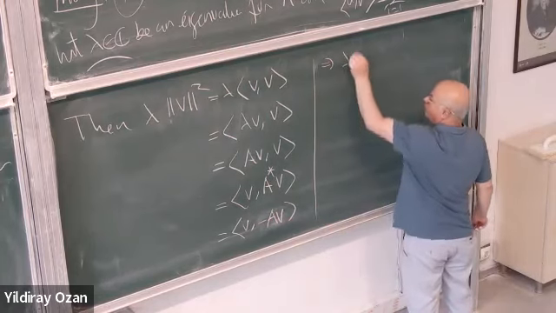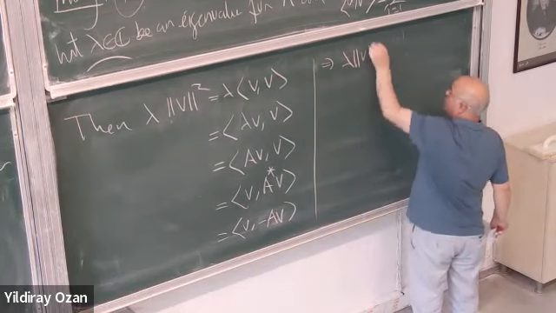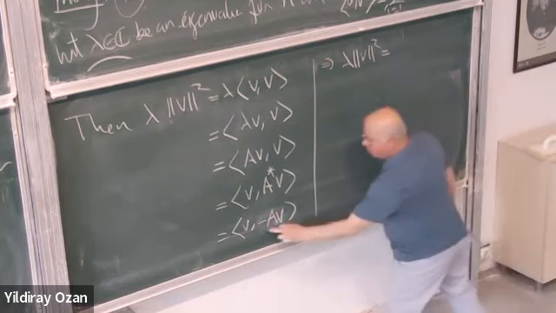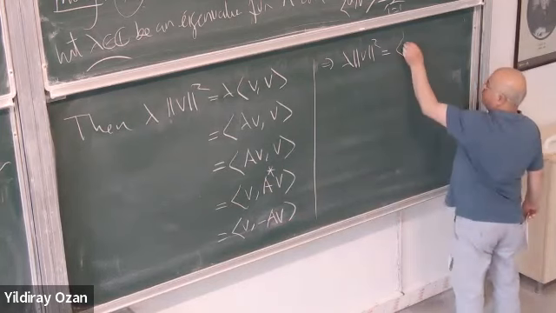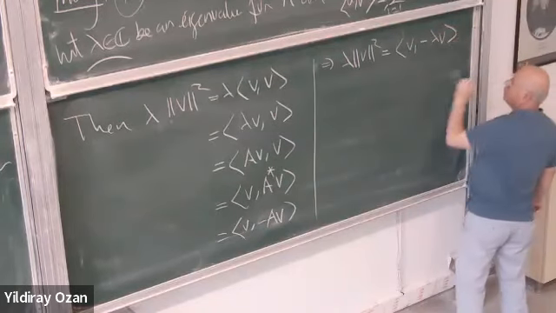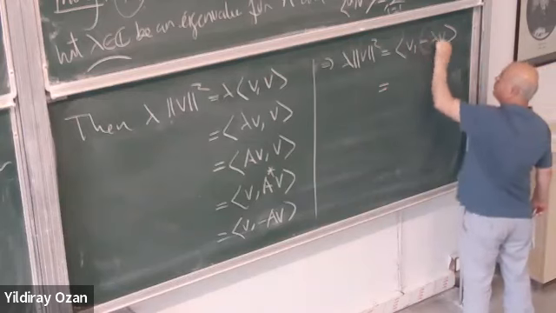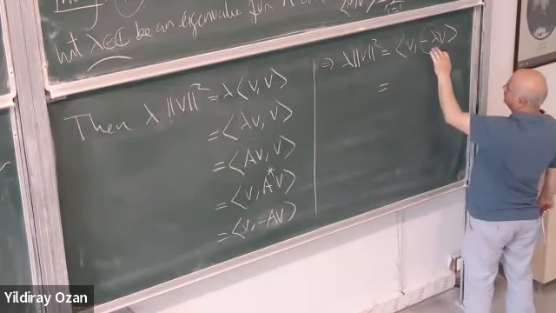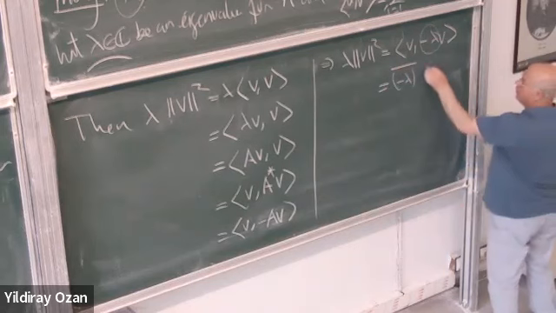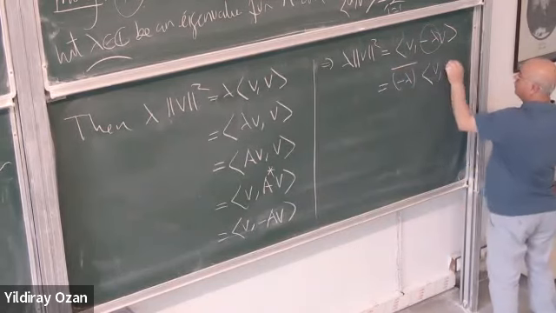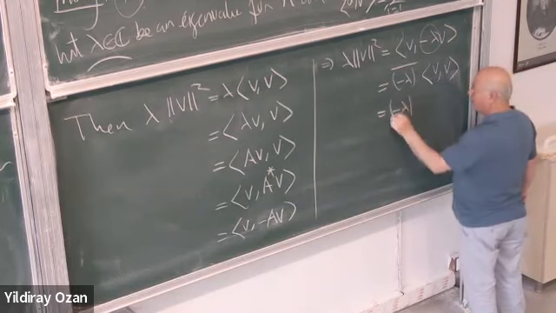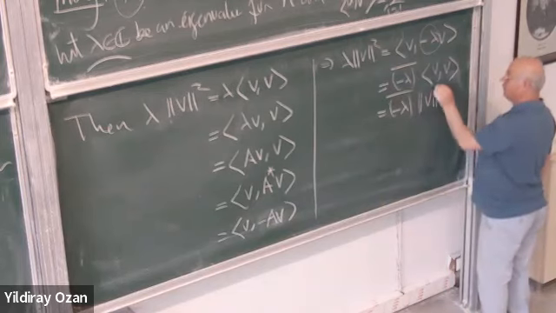So lambda times norm V squared is equal to inner product of lambda V with V. A V is just lambda V, and this coefficient goes out as the conjugate of this number, as this is a Hermitian inner product, and then I have V inner product with V. So this is just minus lambda conjugate norm V squared.